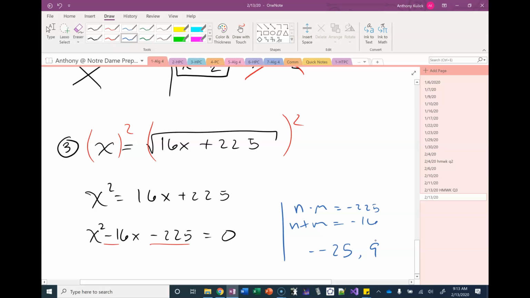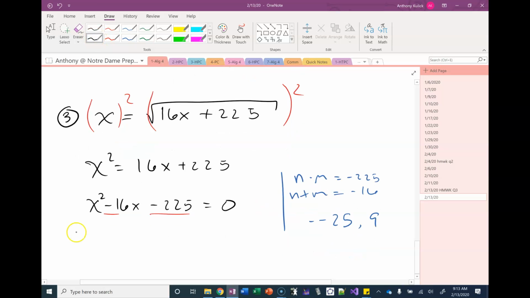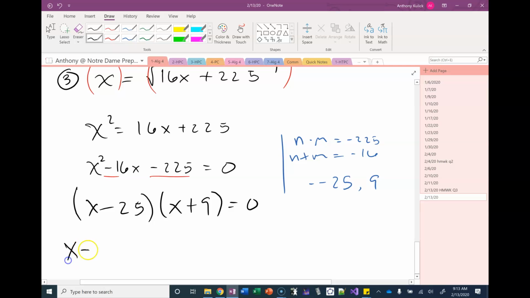Might have been hard to find those. They're kind of big. So there's my factored form. And then from there, it's pretty easy, right? I get 25 and negative 9.